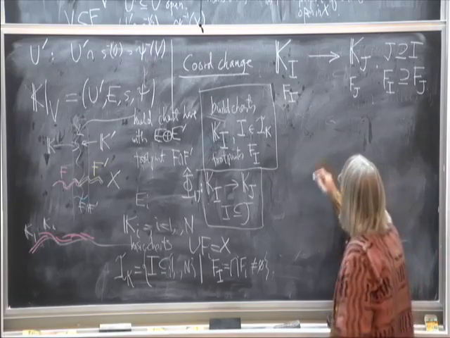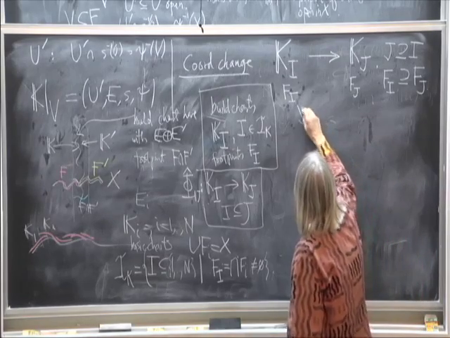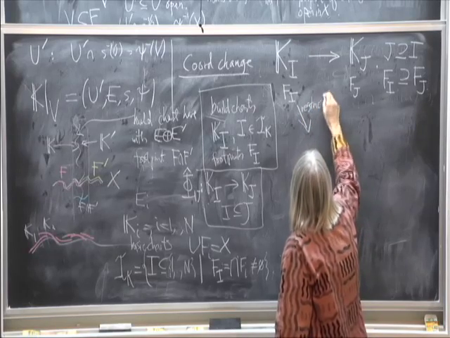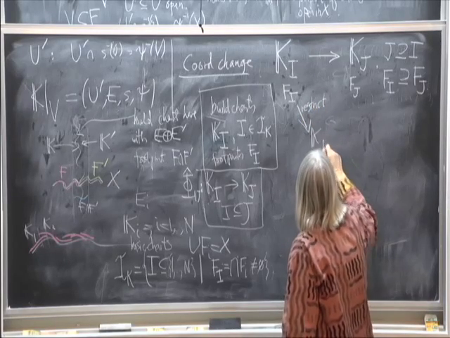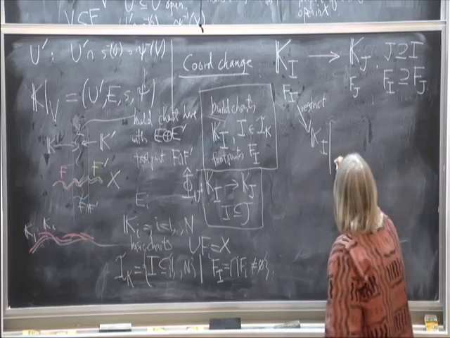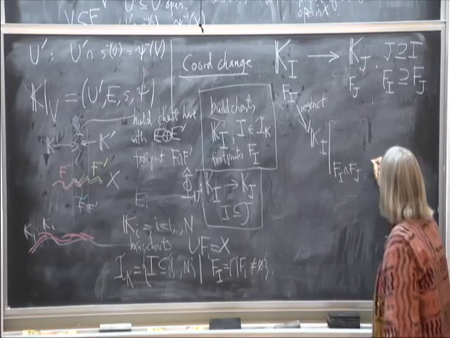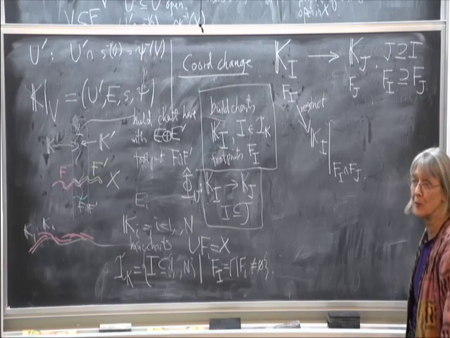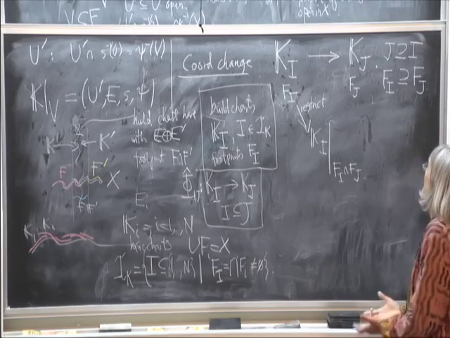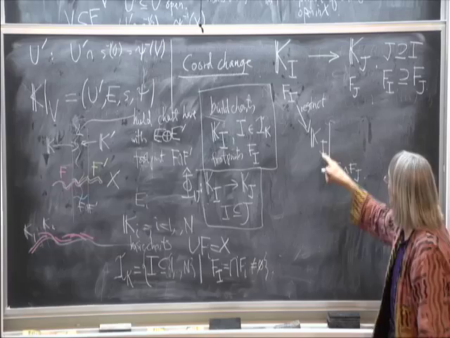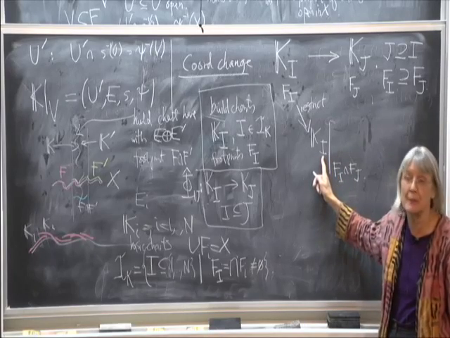So for a coordinate change, you first of all have to do a restriction. You have to restrict Ki to the intersection Fi intersect Fj, which in the particular case I'm looking at happens to be Fj, but it doesn't have to be. So we do this restriction. This involves a choice of domain.